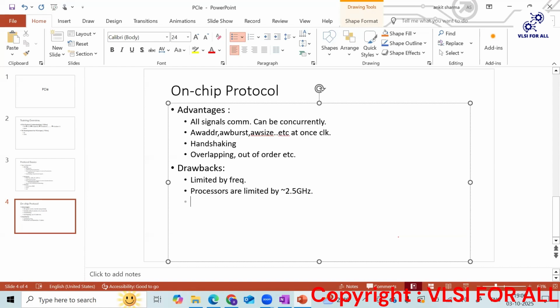Now can someone tell me something different? We can put other drawbacks also, but I want to pull out this one: skew. What is skew?